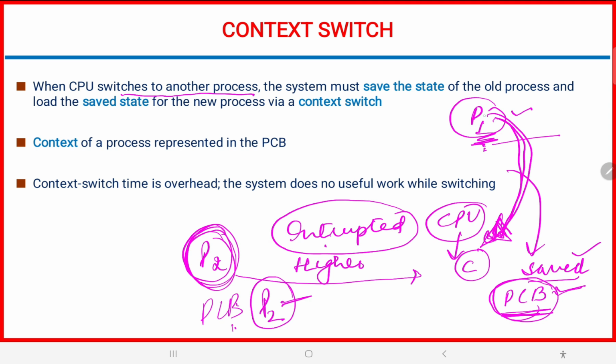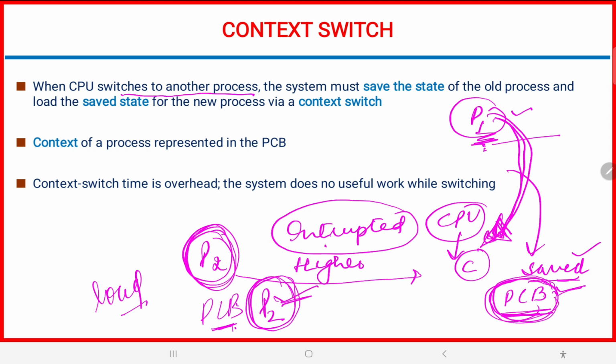It is only feasible if the state at which this process was asked to leave the control of CPU is saved. Similarly, process P2, before it can begin its execution, first of all we need to load the state of this process onto memory. Then only CPU will be able to work with the process P2.